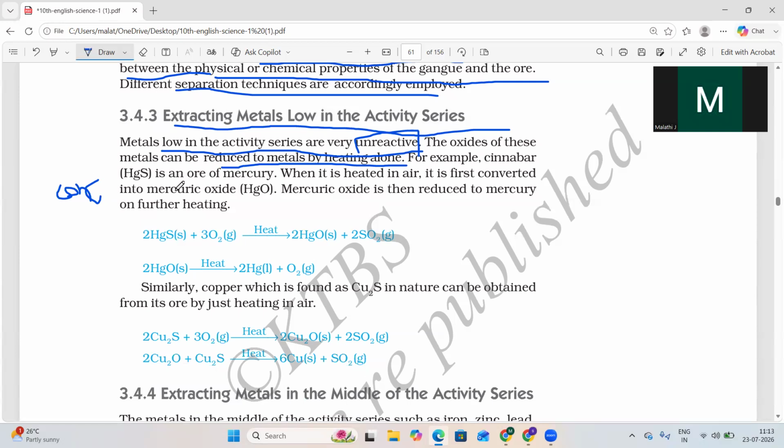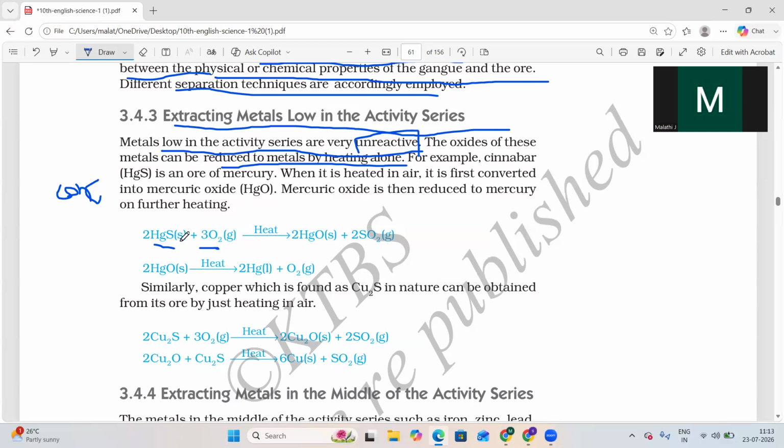Then, after removing the mud particles, take mercuric sulfide. In the presence of oxygen, you should heat the mercury sulfide to convert the sulfide ore into oxide ore, because it is not easy to convert sulfide ores directly into metals.